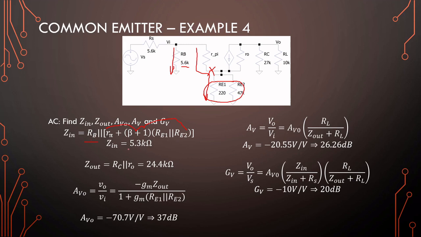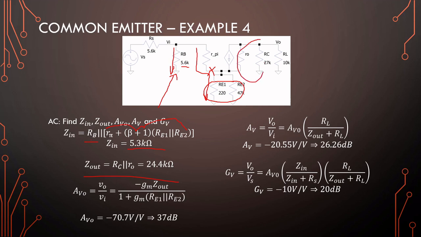As we can see with the end result, RB is the smallest resistor in this whole thing, between the two, and Zin tends to be the value of RB. So that's what I said in the previous one about selecting your input impedance. When this is much larger, you can select RB.